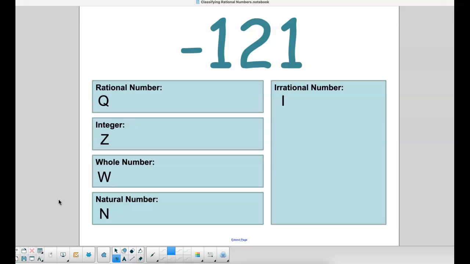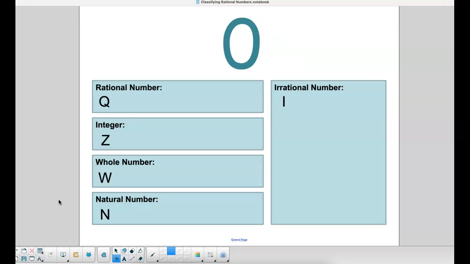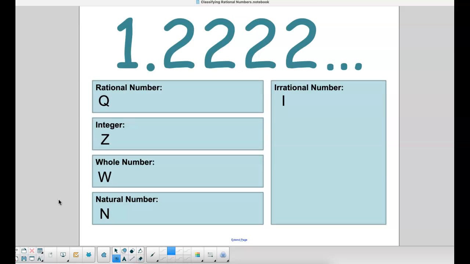Negative 121. Zero. One point two repeating. So it's repeating.